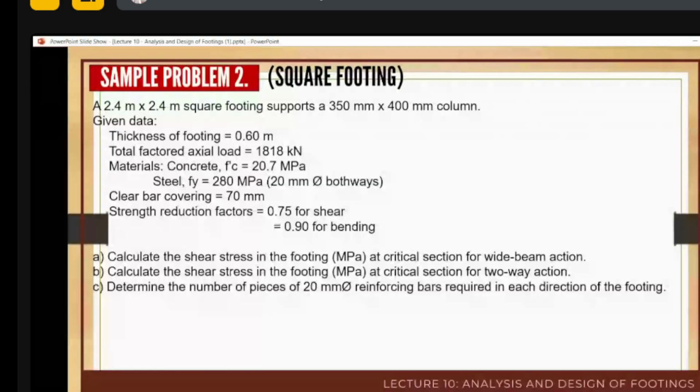Ma, putol-putol mong ka-contest. Laging True ha. VU is equals to phi times 0.17 lambda square root of F prime C BWD. Okay. Sige, that's 2 points.